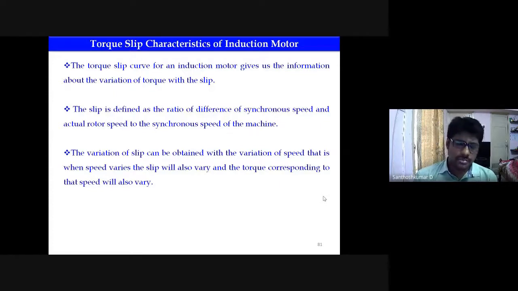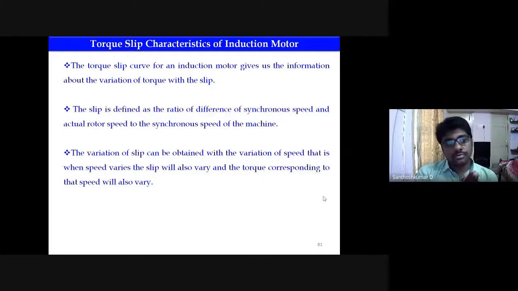Once the shaft speed is rotating constantly, it may be able to produce better efficiency. That is why we need to find and relate the characteristics between each of these. So in this class we have to find the relationship between torque and slip.